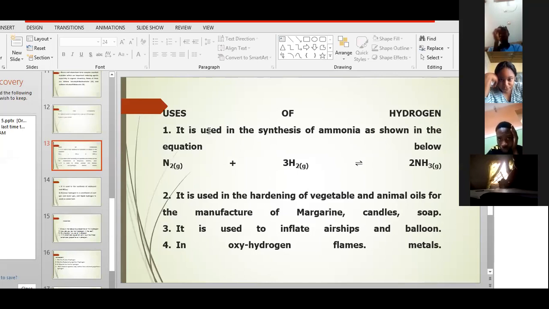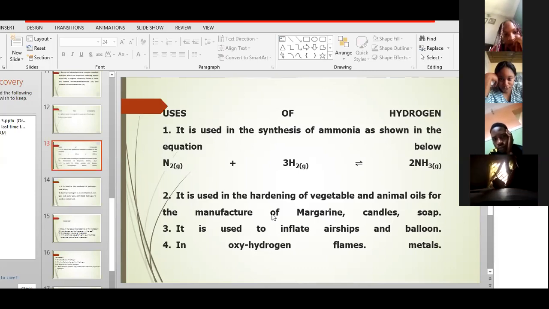Uses of hydrogen. Number 1, hydrogen is used in the synthesis of ammonia on a large scale. Number 2, hydrogen is used in the hardening of vegetable and animal oils for the manufacture of margarine, candles, soap, and many more substances.